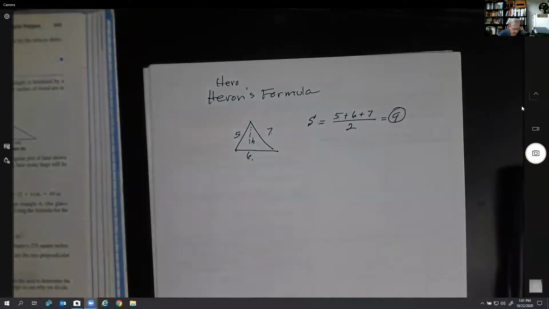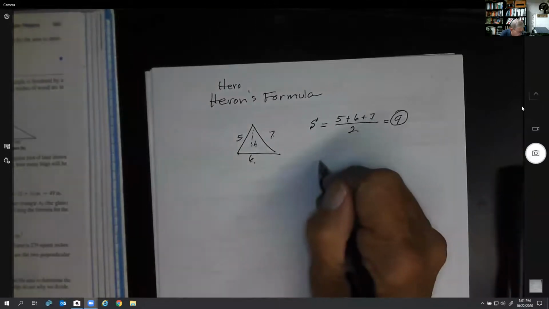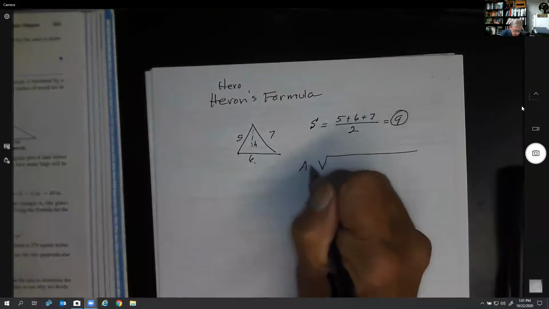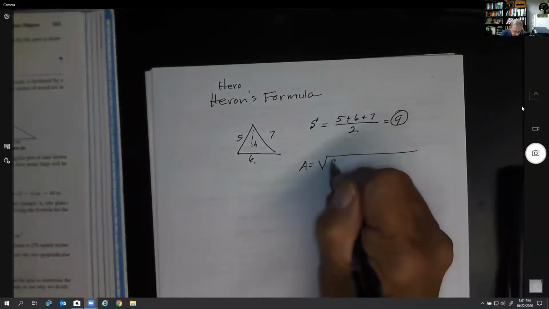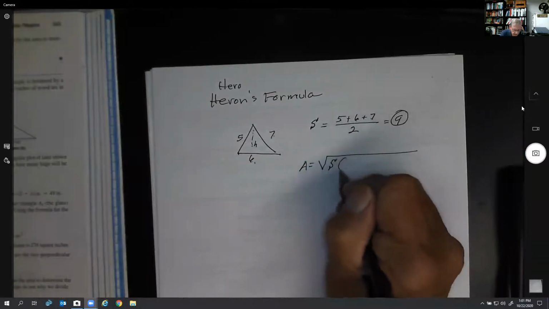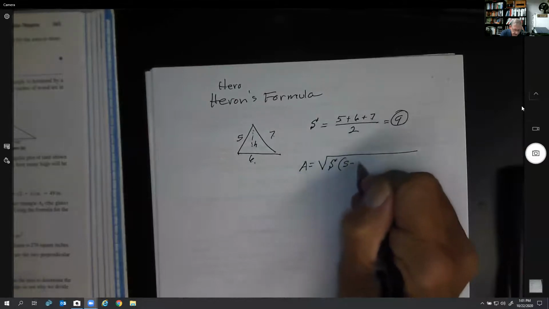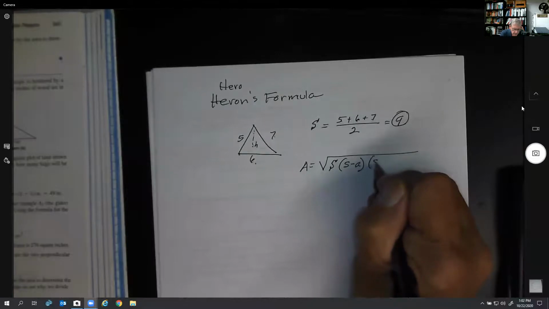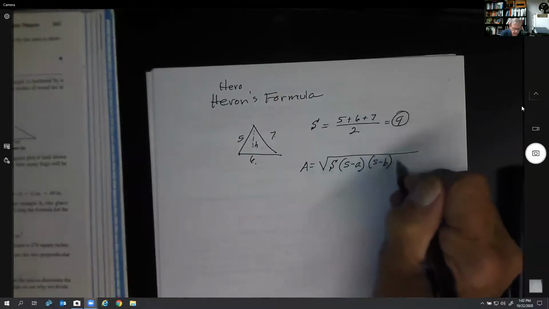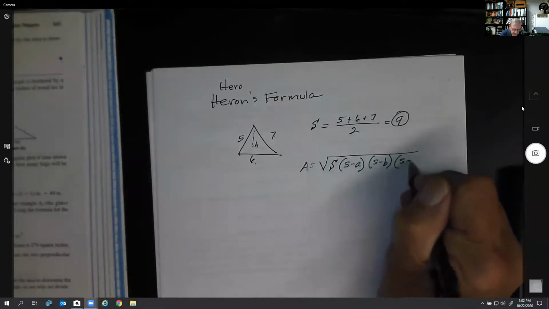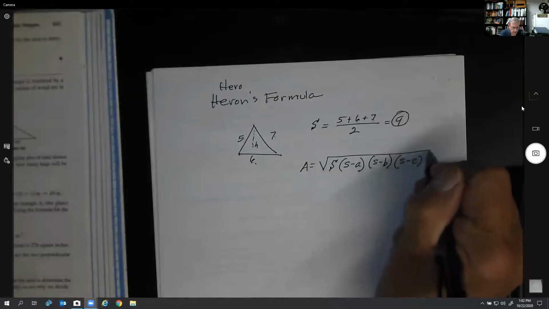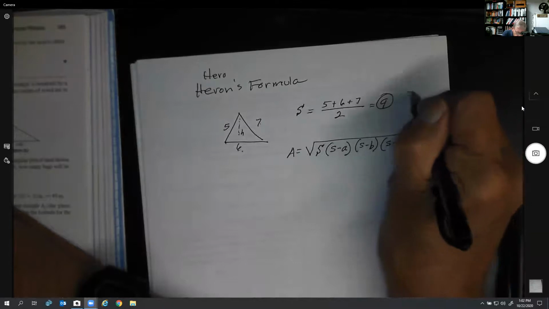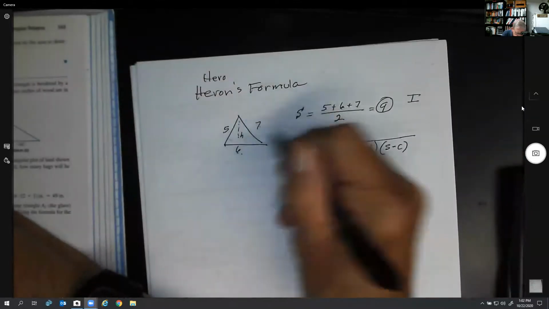And the actual formula that he came up with is the area is equal to the square root of S times S minus A, side A, S minus side B, S minus side C. Weird little formula. So it's a 2-part formula. Part 1, you find S. You add up the sides.